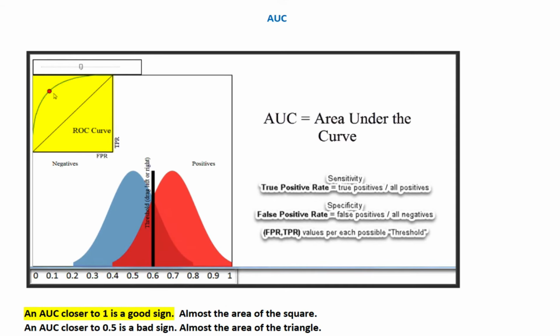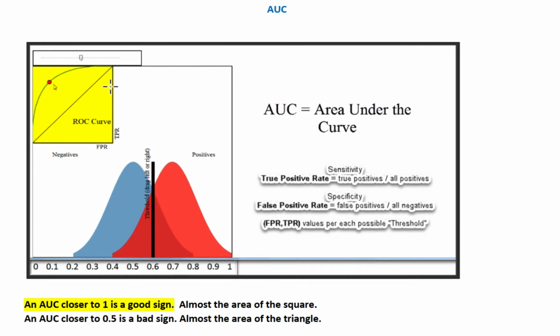Let's see in a little more detail how the ROC curve and the AUC work. In the ROC curve, you have on the x-axis the false positive rate, and on the y-axis the true positive rate. You see here the formula. This curve is formed by the corresponding pairs of values for the true positive rate and the false positive rate when you change the threshold.